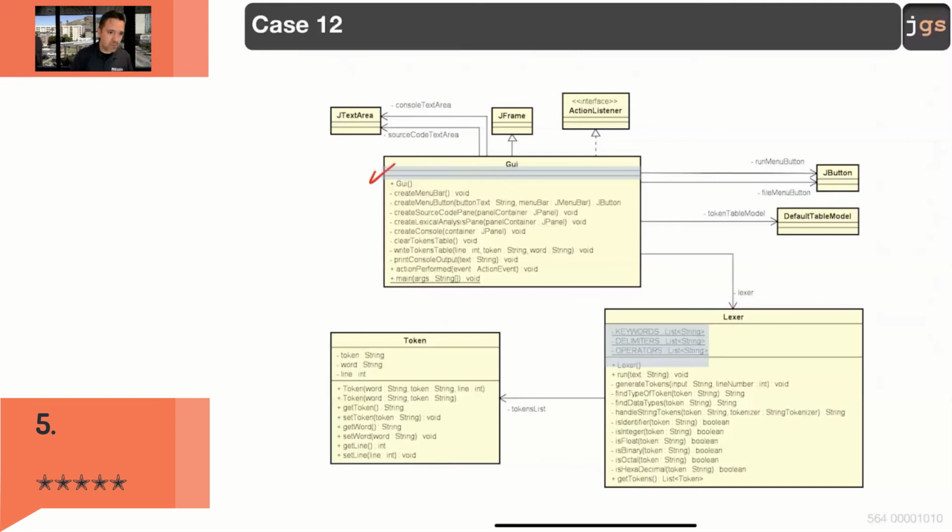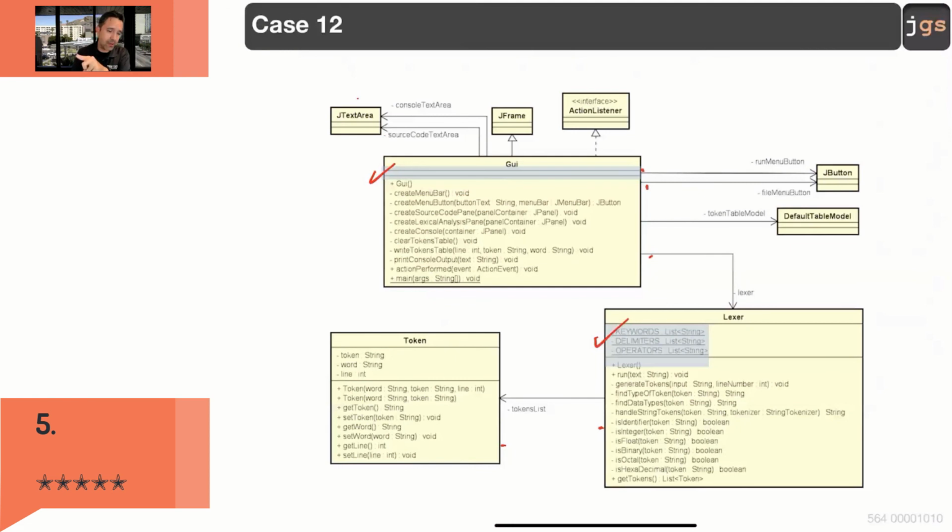Good. I have constants, even though they are linked lists, but they are constant. I could understand that they are constant for the keyword, delimiter, operators. Looks okay. The relationship lexer to token looks good. The relationship between the graphical user interface and the other elements look good.